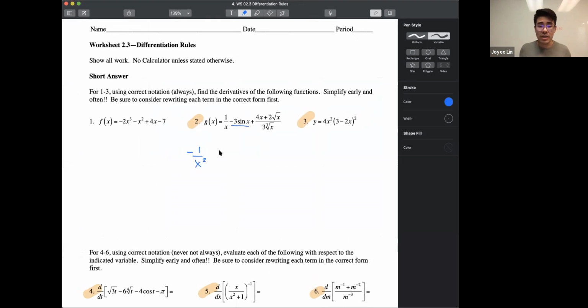The derivative of sine of x is pretty easy, it's just -3 cosine of x. But what would be the simplest way of taking the derivative of this crazy looking thing? Don't do quotient rule, please don't. Anybody?